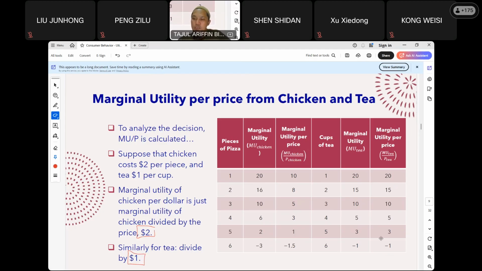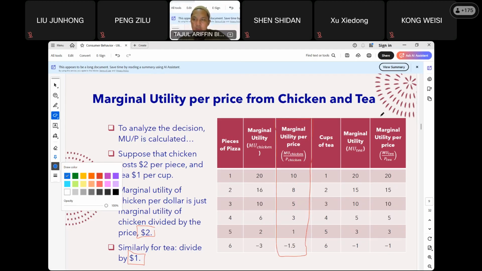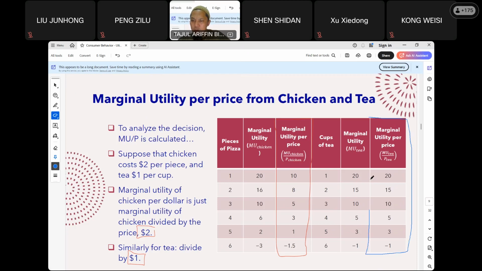So when we incorporate this, we get the third column for chicken, and the sixth column is the marginal utility per price for tea.